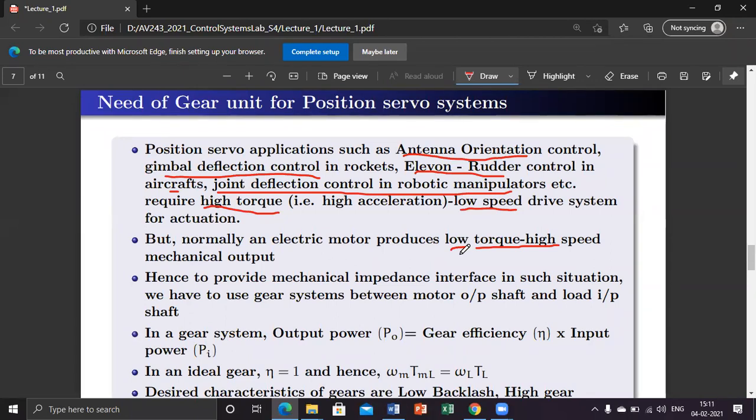B is the flux density in Weber per meter square. So it is the property of the permanent magnet to produce the residual flux density in Weber per meter square.